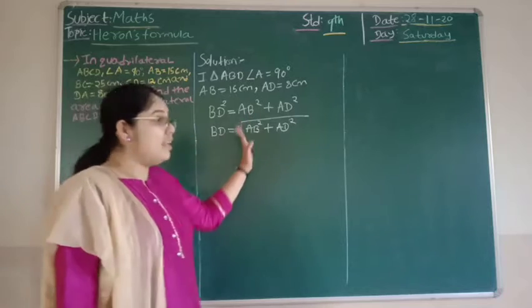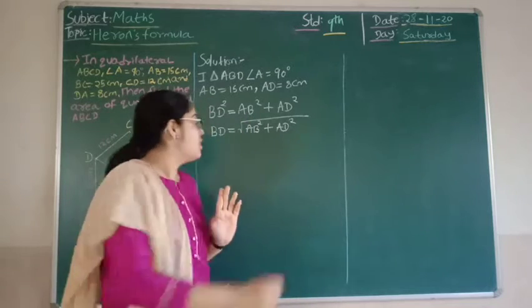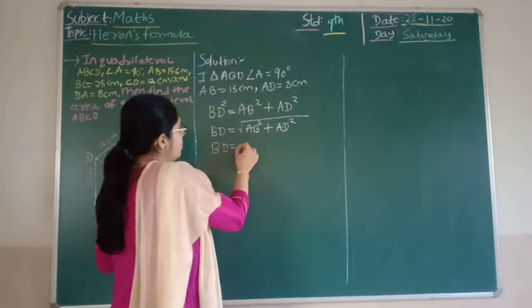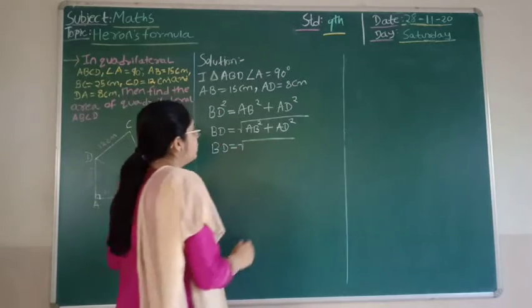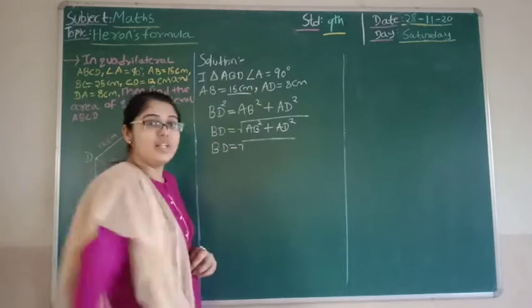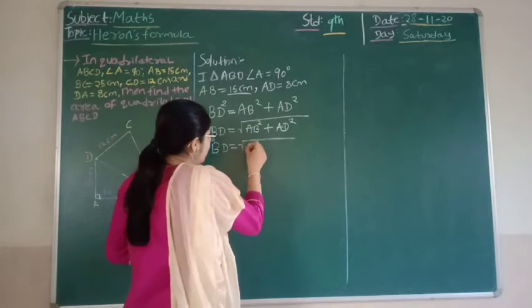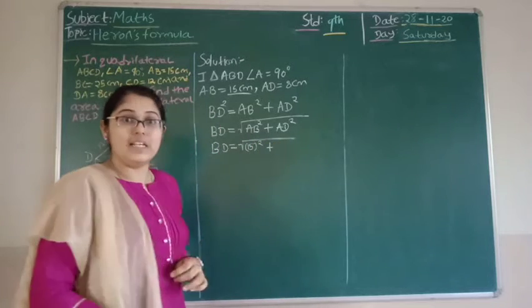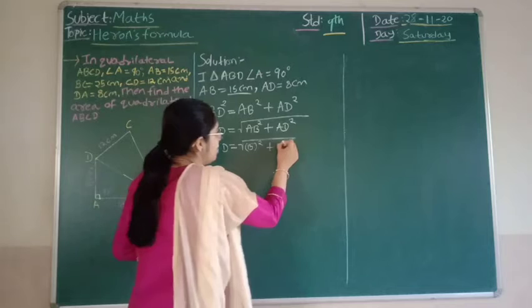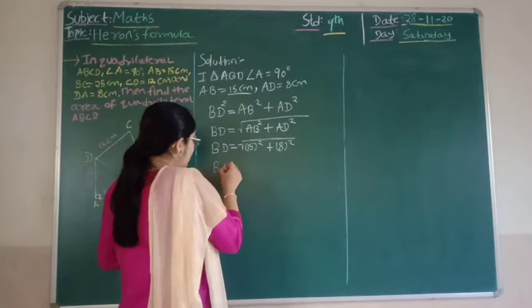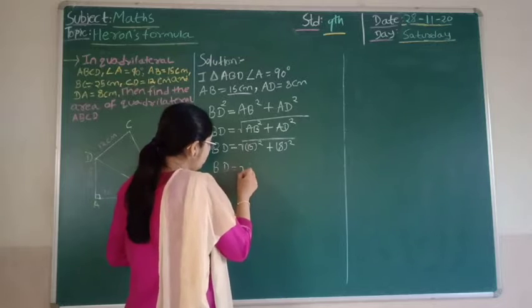Now replace all the values which are given to us. So you can write here BD equals under root, AB is nothing but 15 centimeter, so 15 square plus AD is 8 centimeter, plus 8 square.